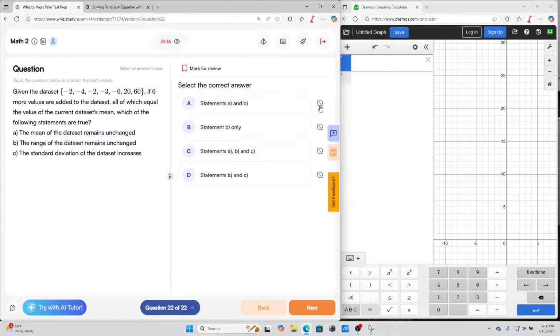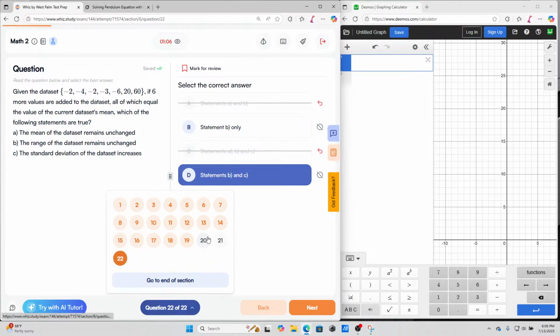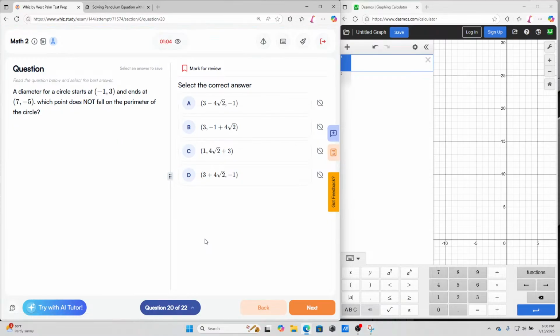So the mean would change, so it can't be A. And standard deviation, I'm gonna go with D for this one. Now we got 2 questions in 1 minute. That means we got 30 seconds for a question.